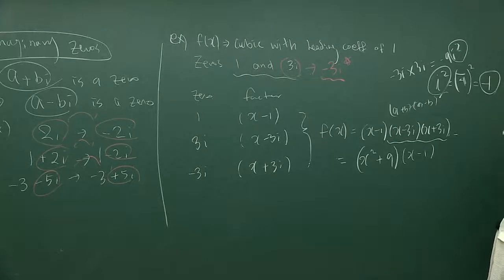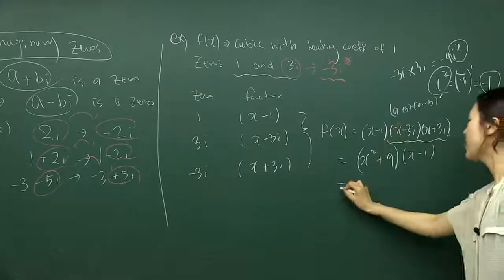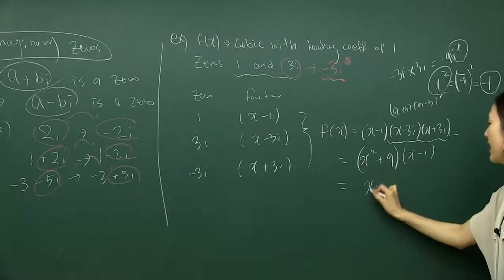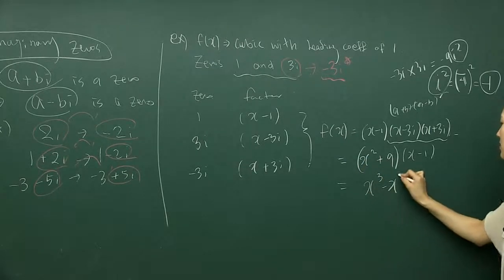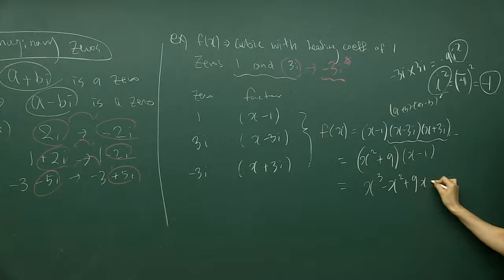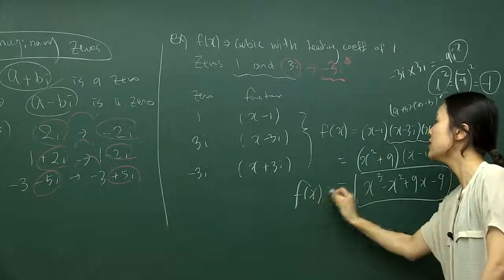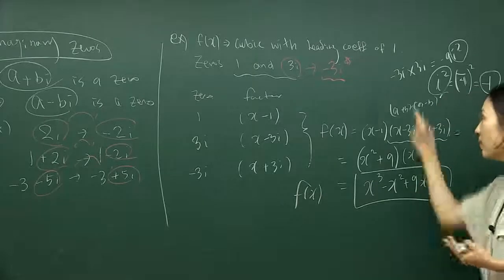If you didn't know, remember that. If you expand the entire thing out, you will get x cubed minus x squared plus 9x minus 9. And this will be the function equation, based on the information given.